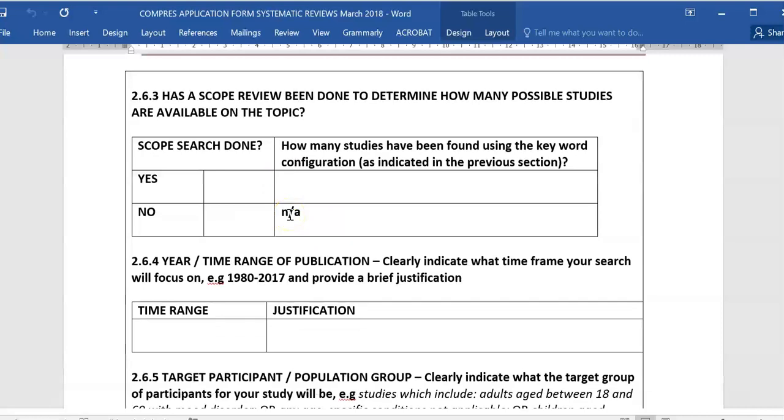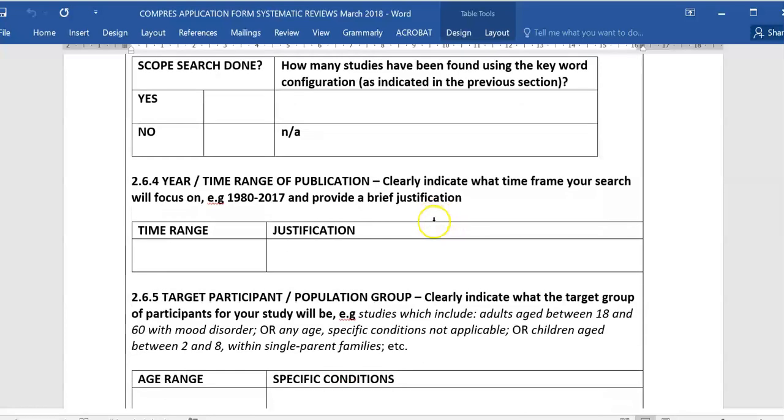When the scope review has been done, the scope review is a study that you do to see how many possible studies you can identify. It's like having a list, and after the scope review, you would say, okay, I have 300 possible articles available, or I have 200, or whatever the case may be. So that is just to show that there are enough articles available for purposes of your review.